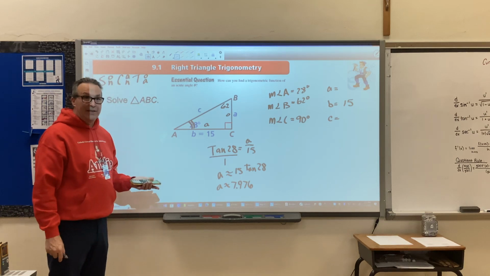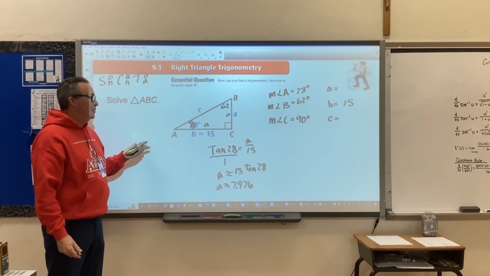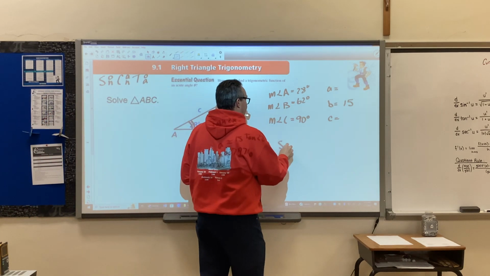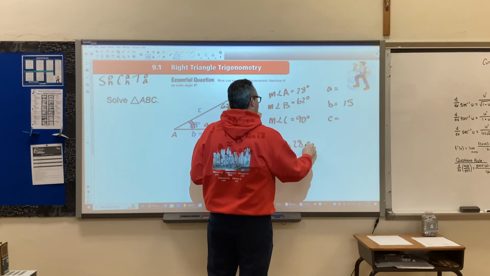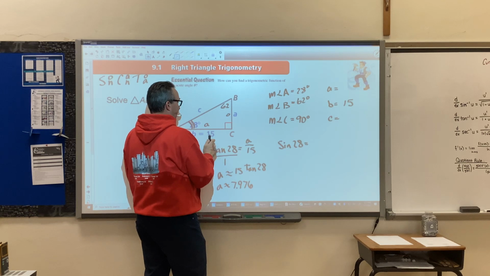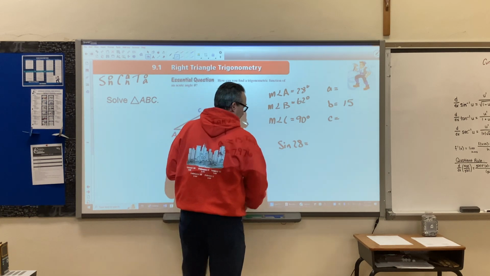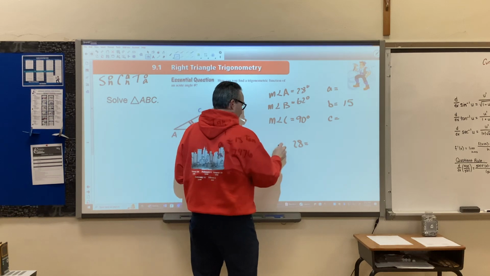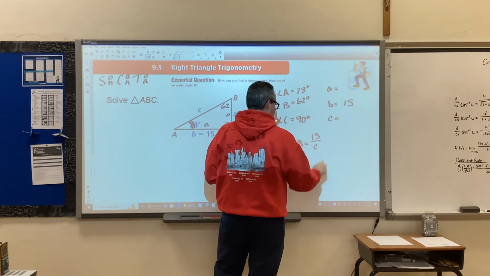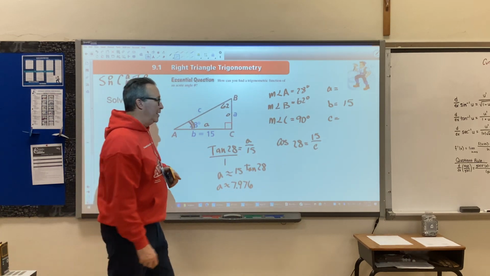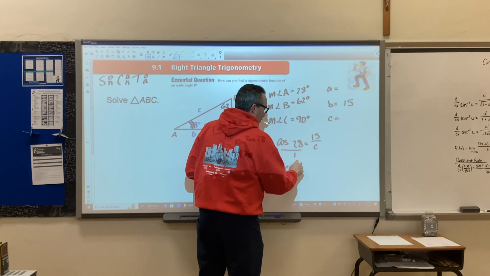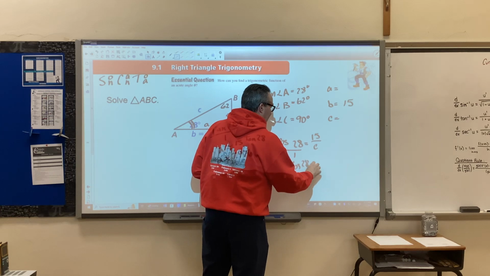Then you could use the Pythagorean theorem to find C, or you can just use sine to find C. Because the sine of 28 is the fraction opposite, which is what we just found. No, we could use cosine actually. Adjacent, which is 15 over C. This one's a little bit more work because when you solve for C, cross multiply, you get C times the cosine of 28 equals 15.